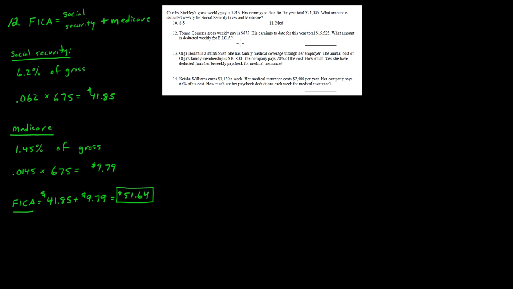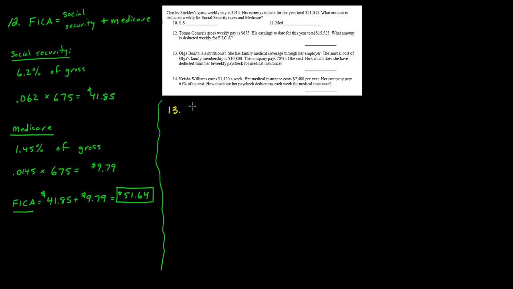Let's go ahead and take a look, though, at numbers 13 and 14. So I'm going to kind of draw a little line out here so we don't get confused on which ones we're on. Let's take a look first here at number 13. For number 13, Olga is a nutritionist. She has family medical coverage through her employer. The annual cost of Olga's coverage is $10,800. The company pays 70%. So the first thing we need to know is what percent do we pay?